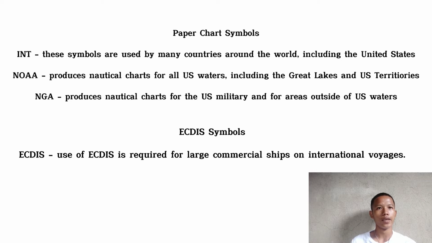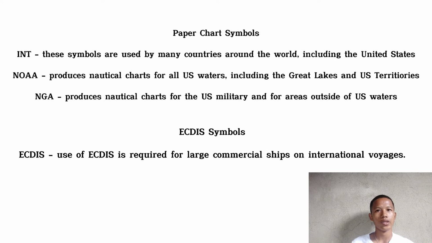There is also NOAA, which produces nautical charts for all US waters, including the Great Lakes and US territories. Lastly, there is NGA, which produces nautical charts for the US military and for areas outside of US waters.